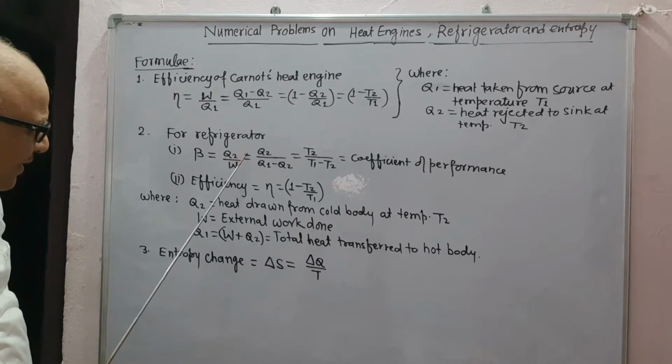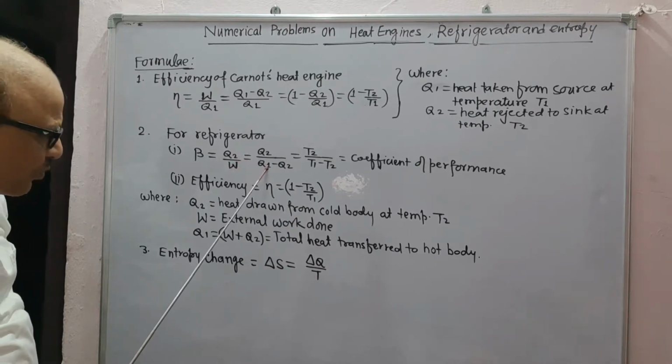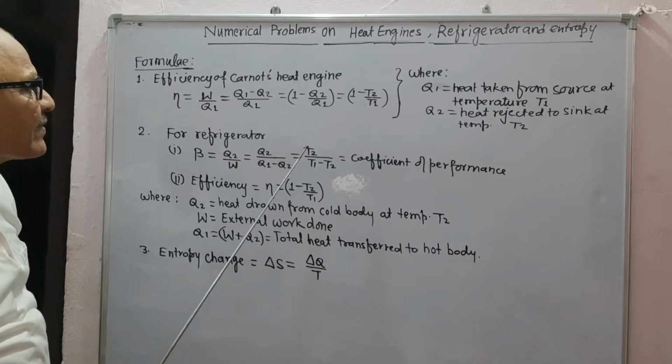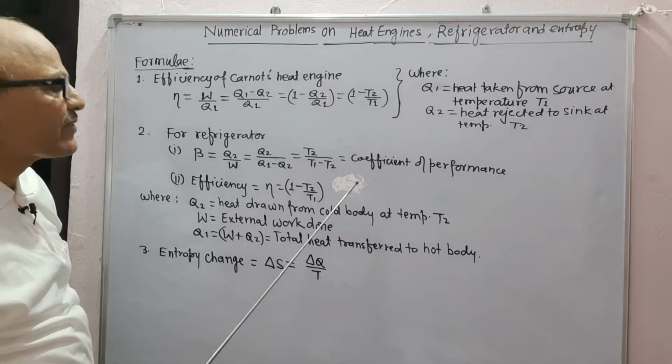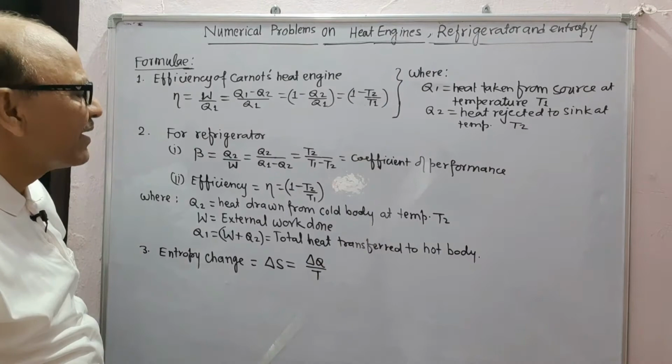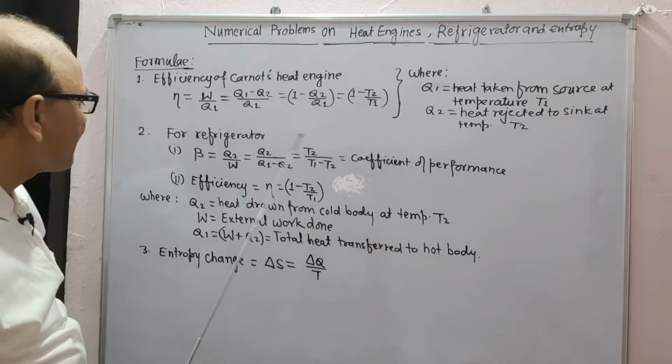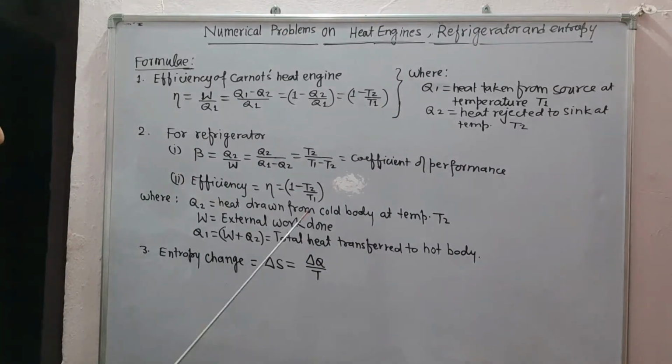So W is equal to Q1 minus Q2, hence beta is equal to T2 upon T1 minus T2, where T1 is the temperature of hot body, and efficiency of refrigerator is denoted by eta, which is 1 minus T2 upon T1, which is similar to that of Carnot engine.